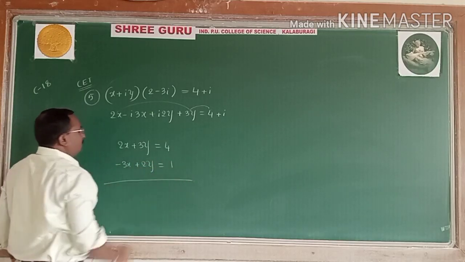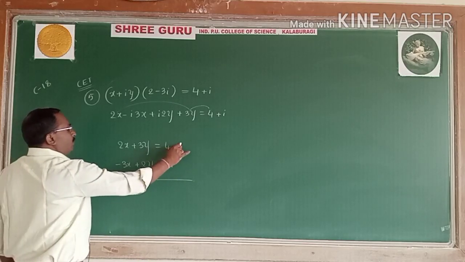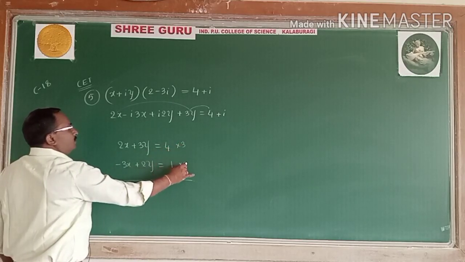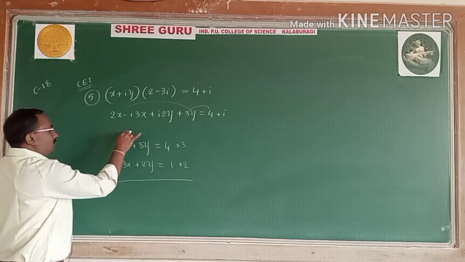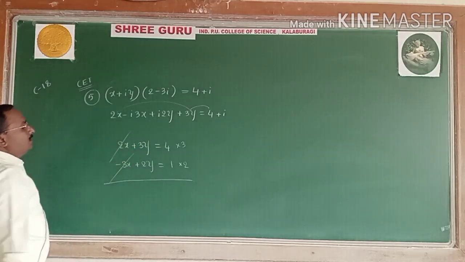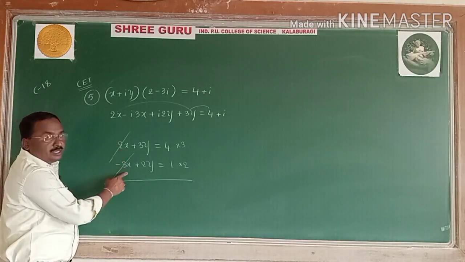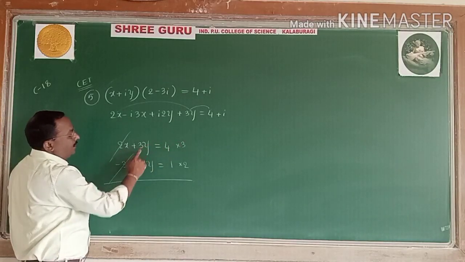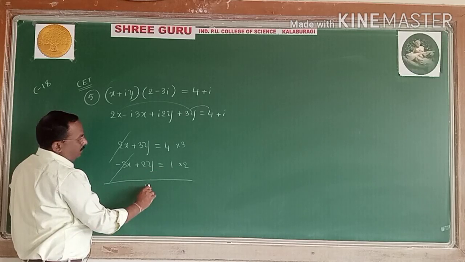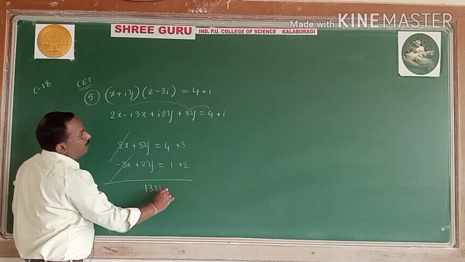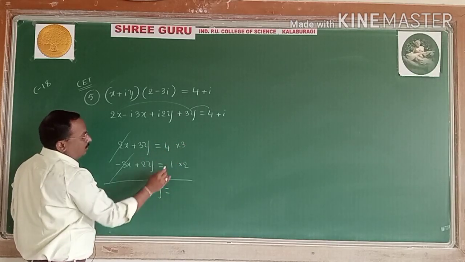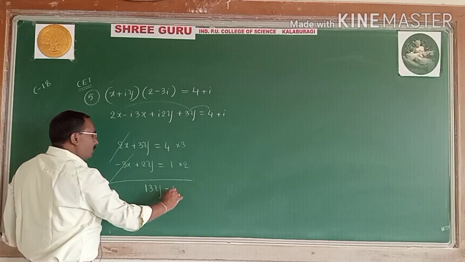Solve equations 1 and 2. Multiply by the opposite coefficients: multiply the first by 3 and the second by 2. The 6x terms, positive and negative, cancel. 3 3s are 9, 2 2s are 4, 9 plus 4, 13y is equal to 4 3s are 12, 12 plus 2, 14.